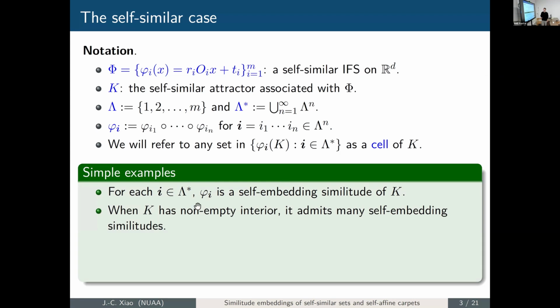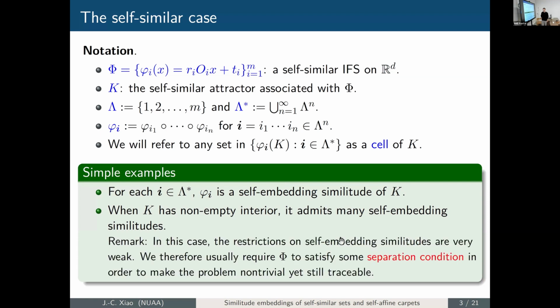But as I mentioned earlier, when K has nonempty interior, for example when K contains a solid ball in the Euclidean space, we cannot say too much, because we have not many restrictions on the contraction ratio, the orthogonal part, or even the translation vector of those similitude embeddings. So usually we will put some nice separation condition on the iterated function system to make the problem interesting.